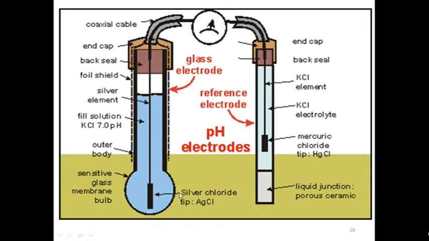This glass electrode measures the electrochemical potential of the hydrogen ions, or the potential of hydrogen, and the reference electrode is needed only to complete the electrical circuit.